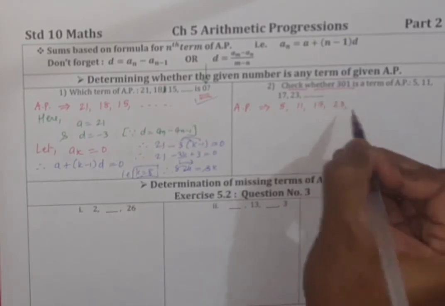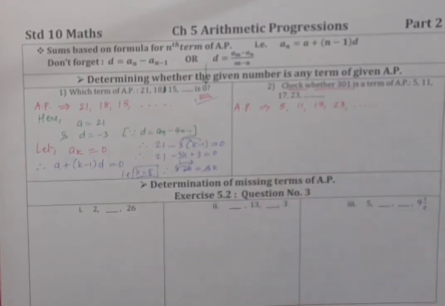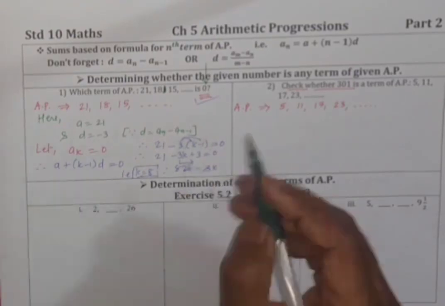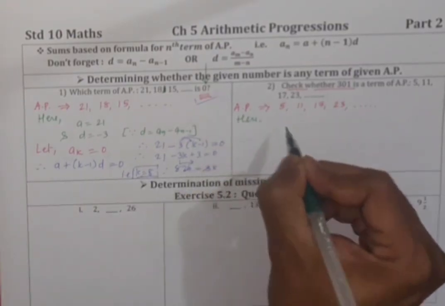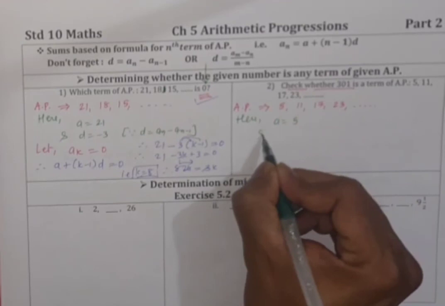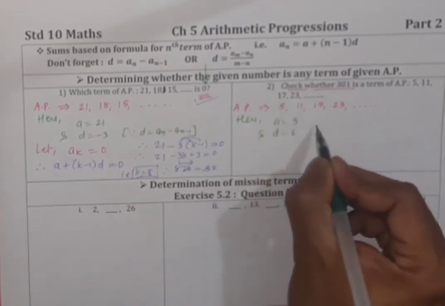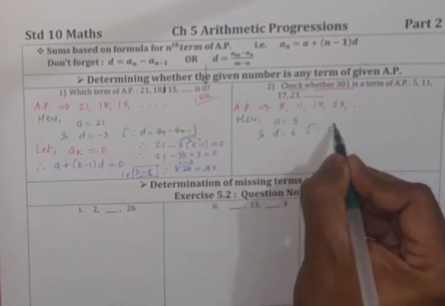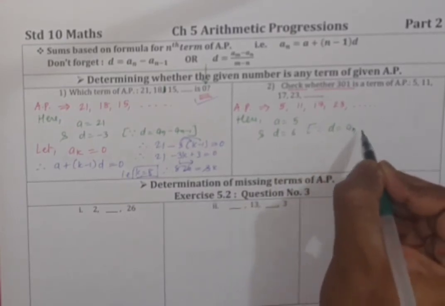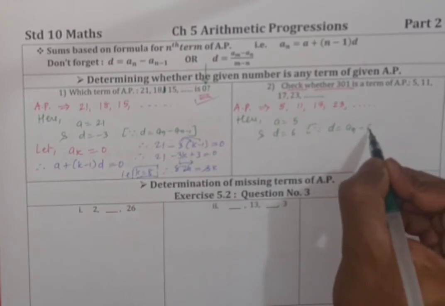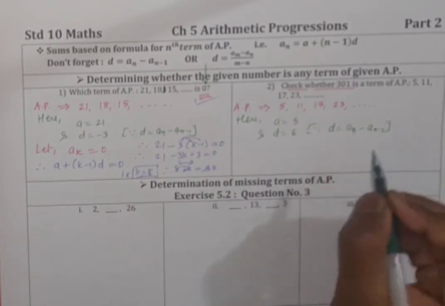Fourth term is also given, 23. And then this is an infinite AP. Now put the rubber stamp. Here A is 5 and D, ascending order, so positive will come. 11 minus 5 is 6 because D is equal to any term An minus the term before it, An minus 1. Correct.